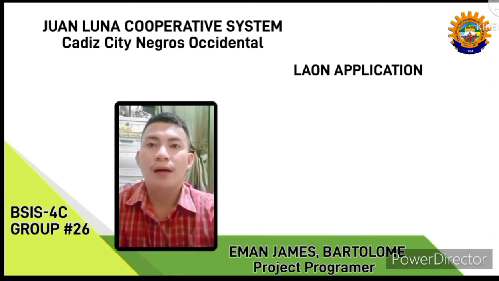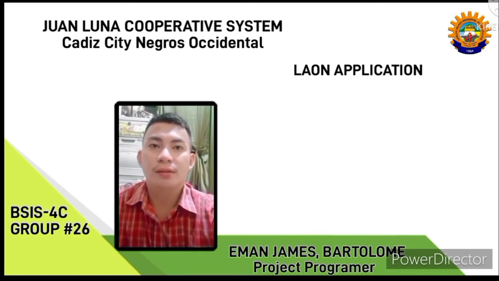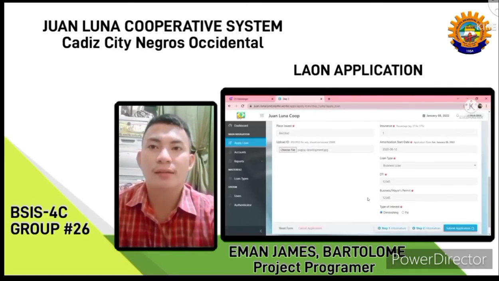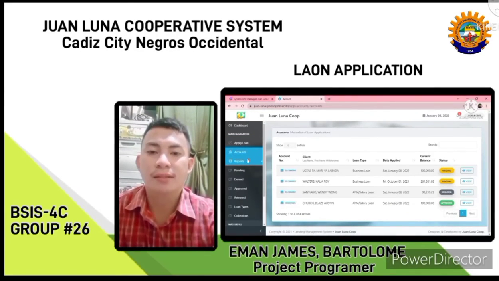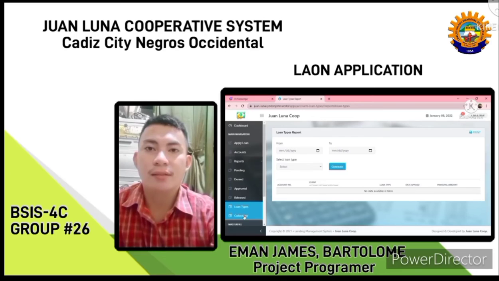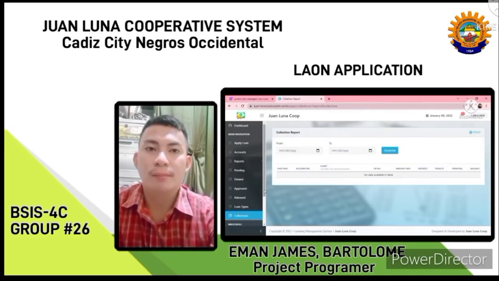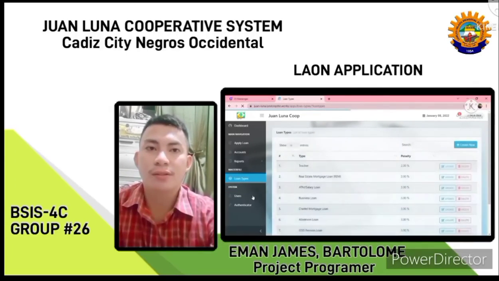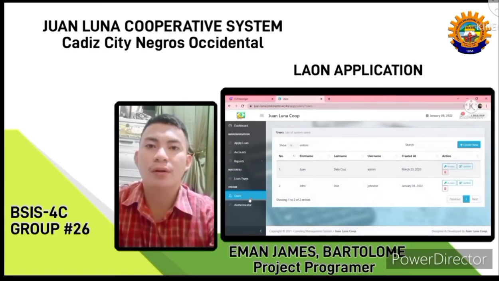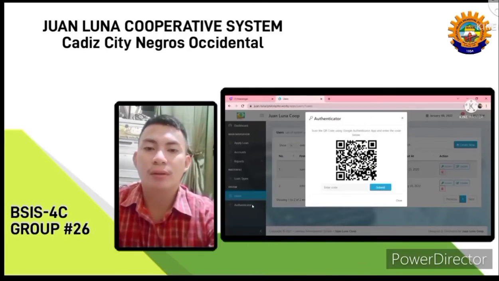After the process of loan application, you can see the account of the client, loan type, date applied, current balance, and the status. Next, we want to see the reports: pending, denied, approved, released applications, loan types reports, and users. Lastly, there is the Authenticator, where you can see the QR code using the Google Authenticator app and enter the code below.